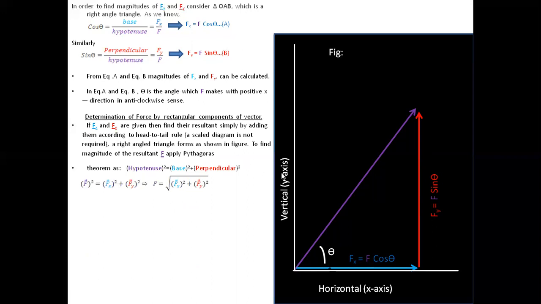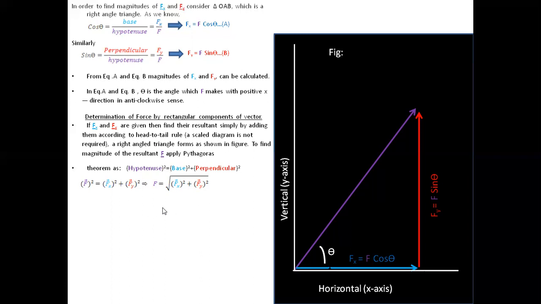Putting in the values, F square is equal to fx square plus fy square. Taking the square root on both sides, we get F is equal to the square root of fx square plus fy square. Remember, the blue color represents the horizontal part and the red color represents the vertical part.